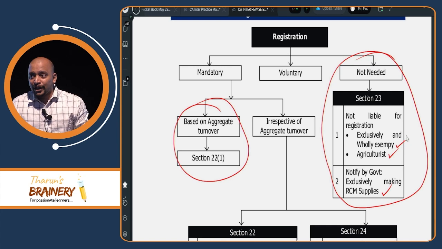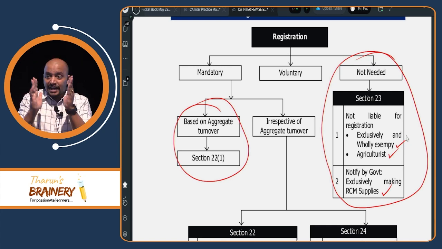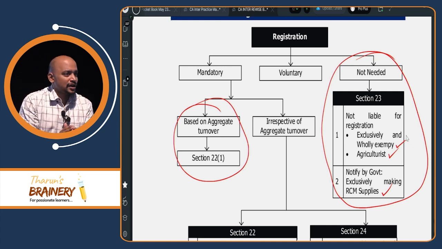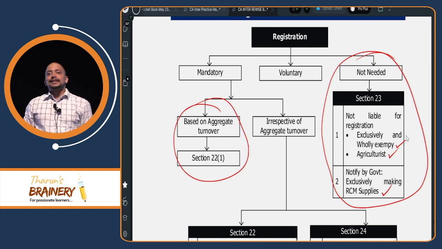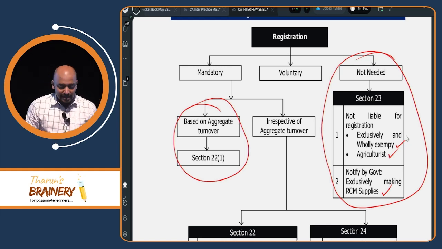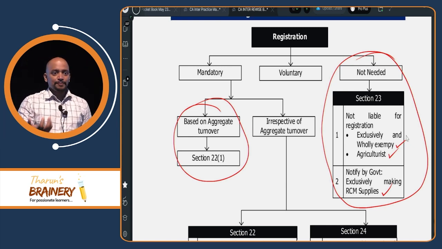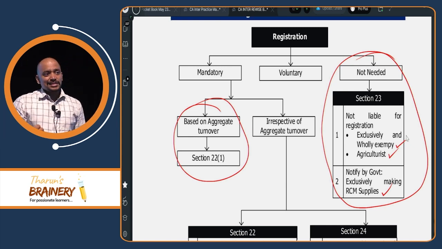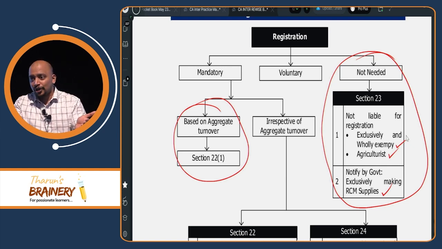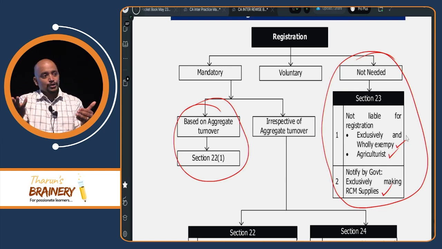Why are they not required to get registered? Because they are only an agriculturist. You understood or not? Like that, there is a groundnut crop farmer. That groundnut crop farmer gets the groundnuts, peanuts. So this they are selling. So they are not required to register. Now they are selling groundnuts plus crushing groundnuts to make groundnut oil, and the groundnut oil also they are selling.